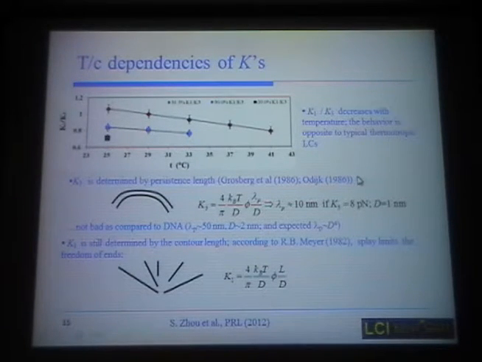So apparently in the system in which the building units are not a given constant, in which the building units are aggregates that can be elongated when the temperature drops or shortened when the temperature rises, the elasticity has something to do with this self-assembly of the aggregate.